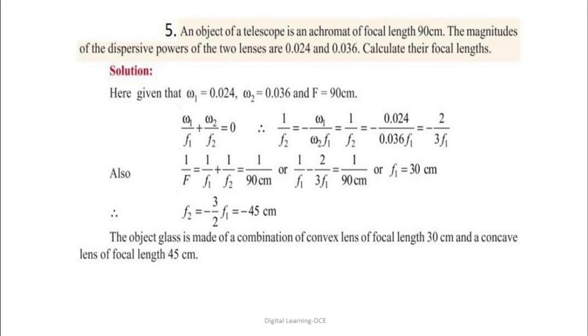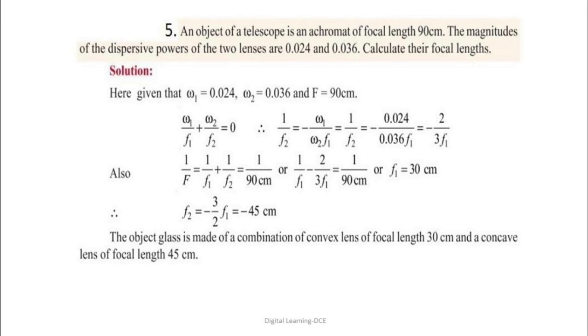Coming to the fifth problem: the objective of a telescope is an achromat of focal length 90 centimeter. The magnitudes of the dispersive powers of the two lenses are 0.024 and 0.036. Calculate their focal lengths.